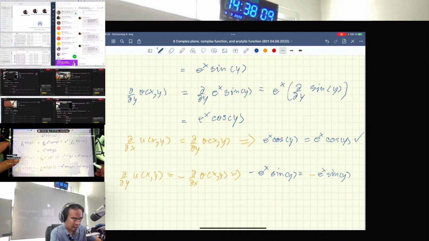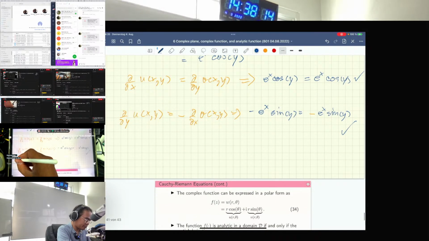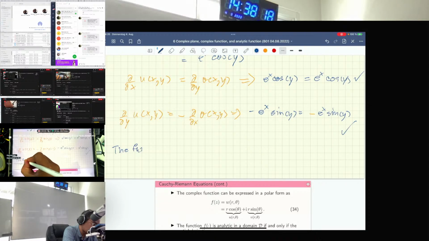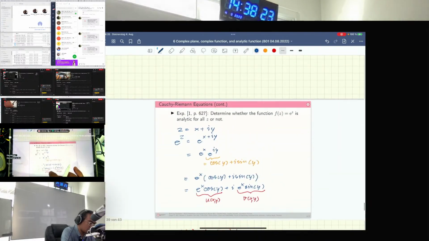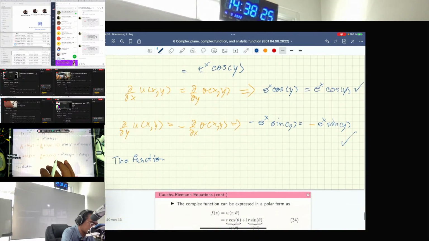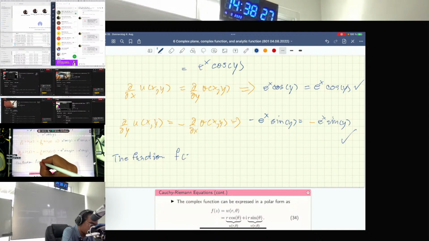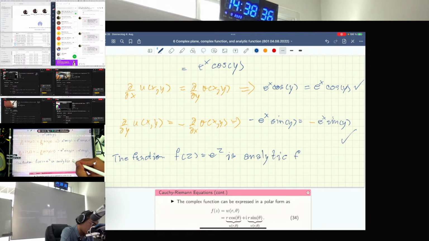Okay, all right, and this is also valid. So therefore the function exponential of z is analytic for all z. Okay, and that's it for this problem.